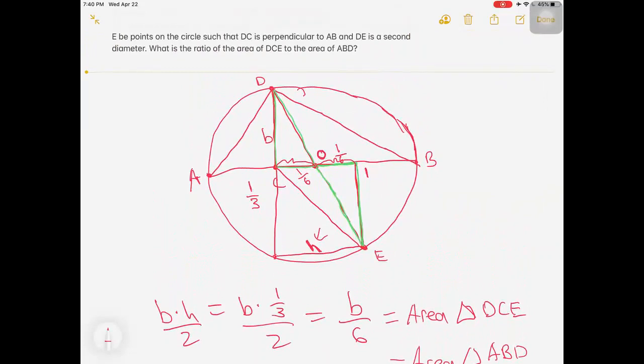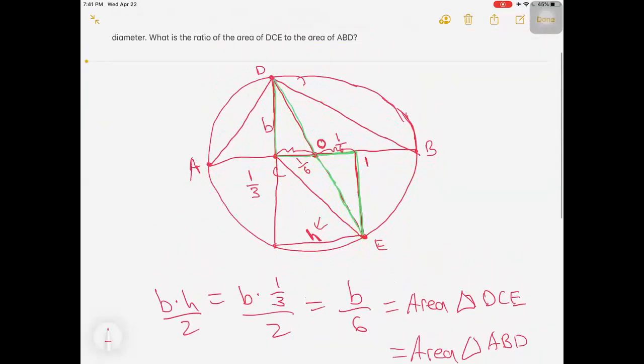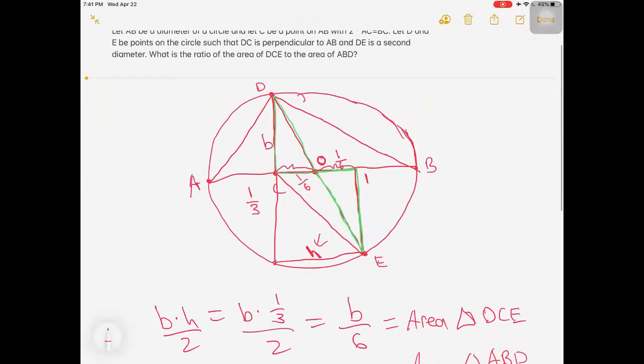So we can see this length B is going to be the height of triangle ABD. And the base is going to be the length AB. Wait, does everyone see that? Like, this is going to be the height.